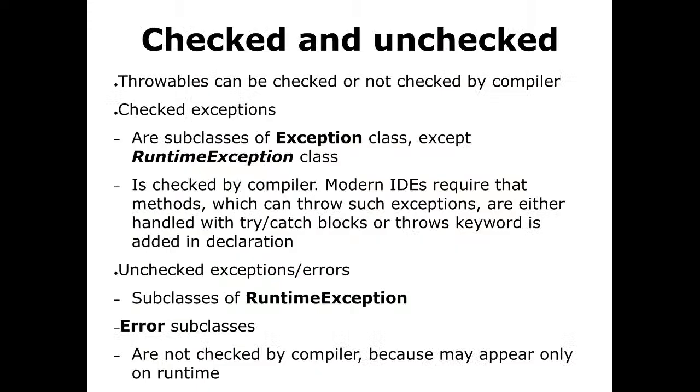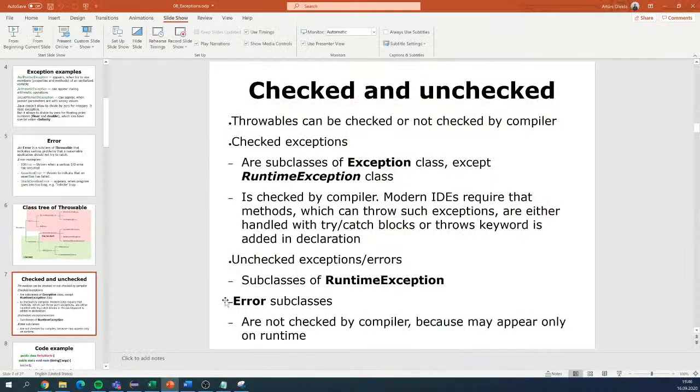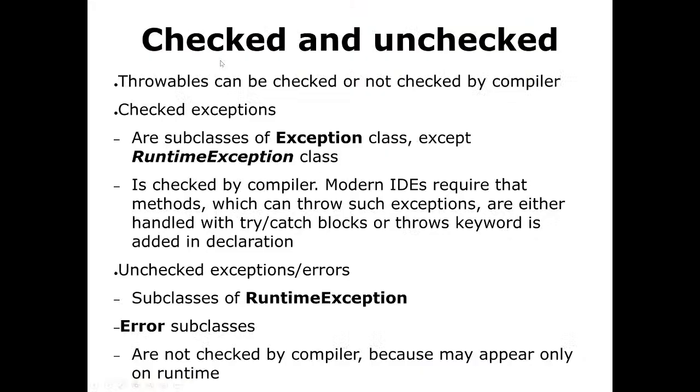Okay, let's move on. Yeah, that's it about checked and unchecked. Throwables can be checked and not checked by the compiler, and there are some checked exceptions. These are subclasses of the Exception class, except RuntimeException.